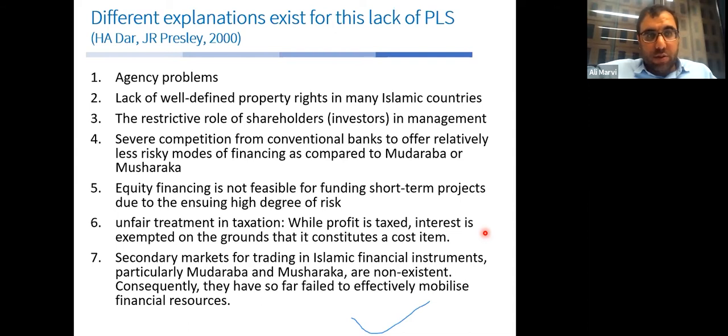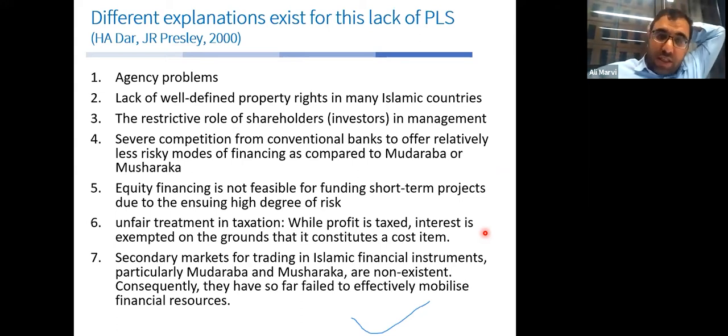In Western countries, the debt contract is tax exempt, even tax preferred, because the interest is considered as a cost and decreases the taxable income, the base of taxation, but the profit is what is actually taxed.